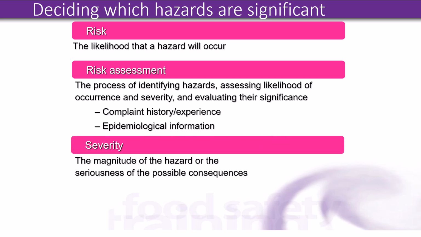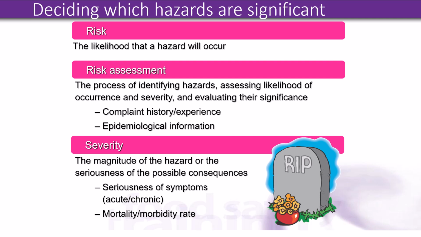The severity is the magnitude of the hazard or the seriousness of the possible consequences. And the seriousness of the symptoms, they could be acute, which is short-term, or chronic, which is long-term. The mortality and morbidity rate, and any vulnerable groups that might be included in your process.